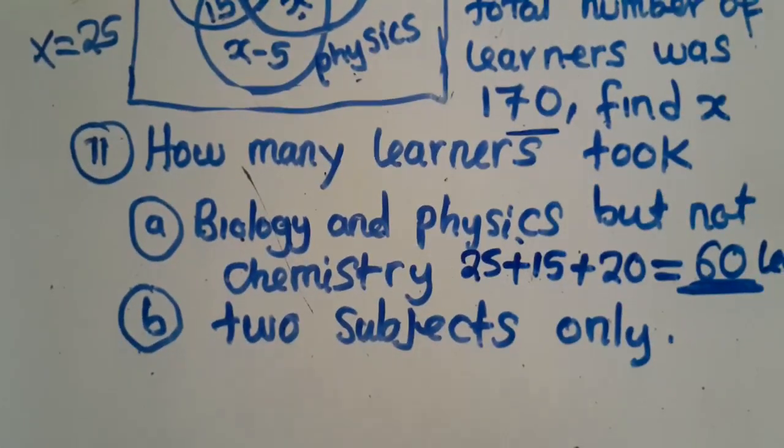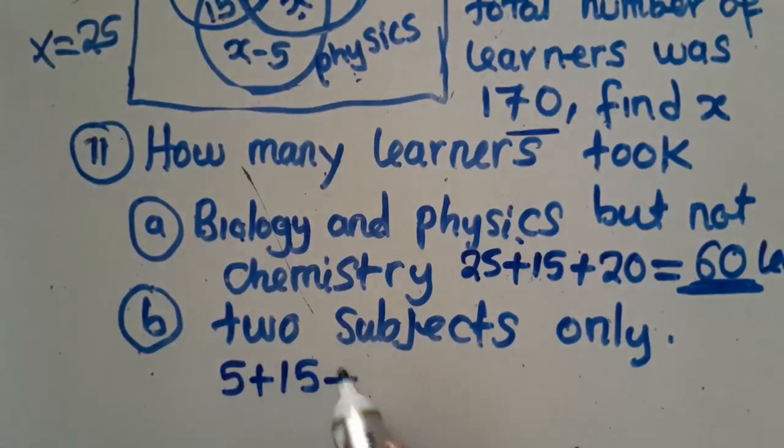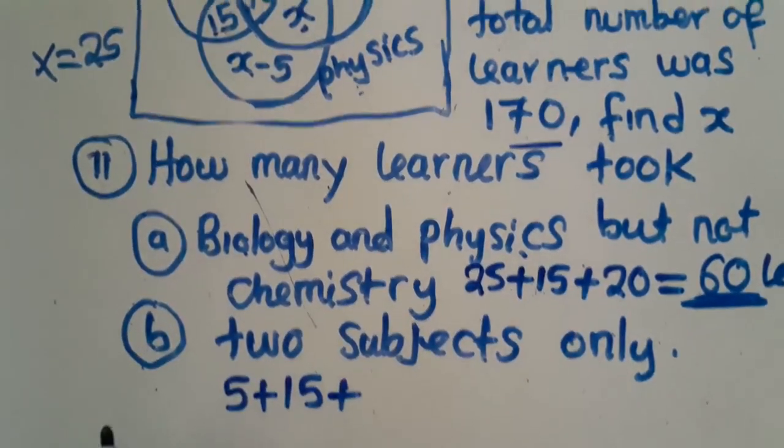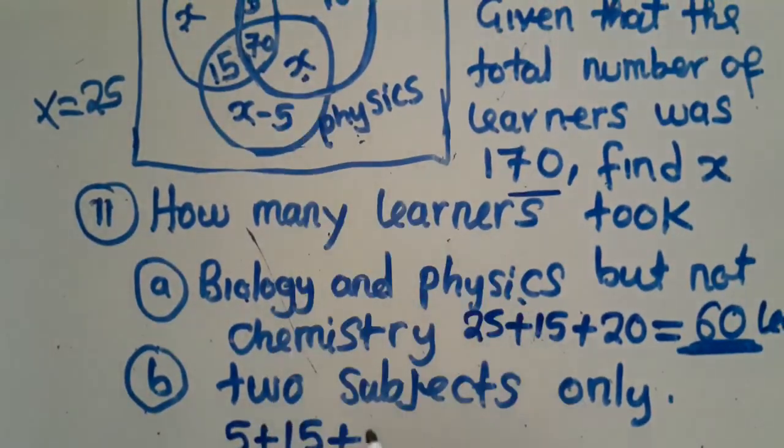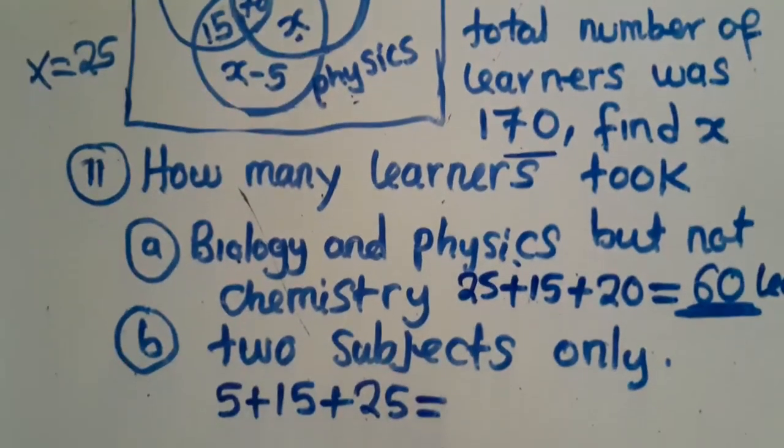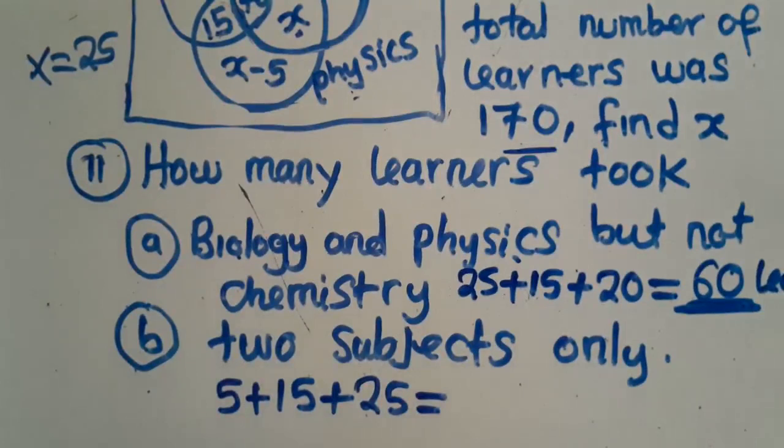So you say 5 plus 15 plus the x there. We don't know the x, but we found it. It is 25. So when you add this, make sure that you are confirming the answer. I can make the mistake when adding. It is possible. 45. So 45 learners.